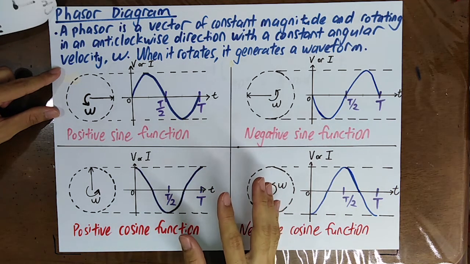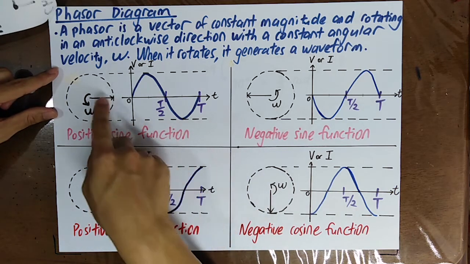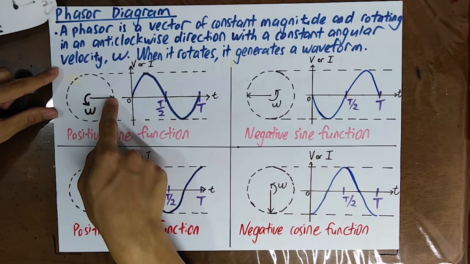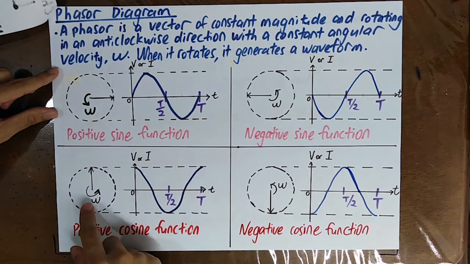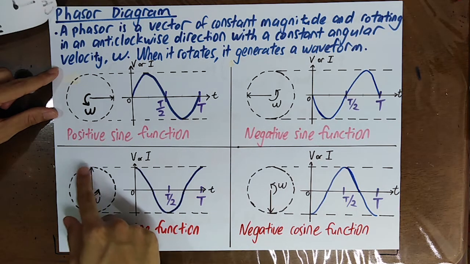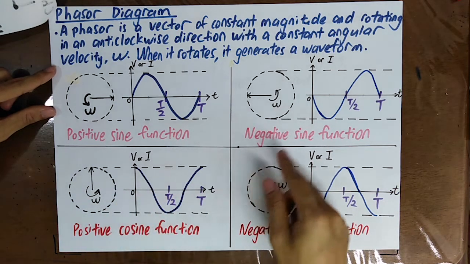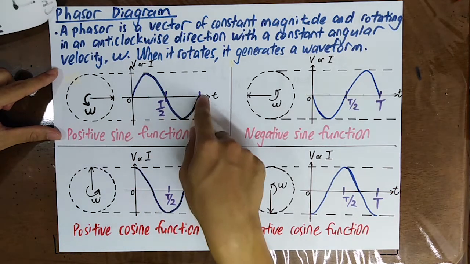If possible, if you can remember the phasor diagram for a positive sine function looks like this, or the phasor diagram for the positive cosine function is like this, then it will be better for you. Remember, the positive sine function is like this.